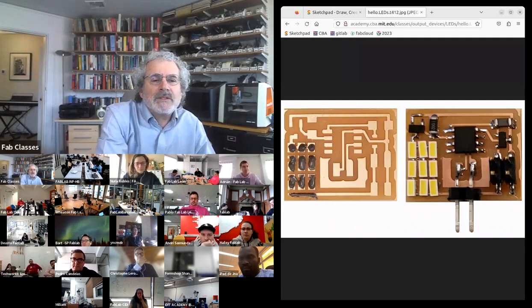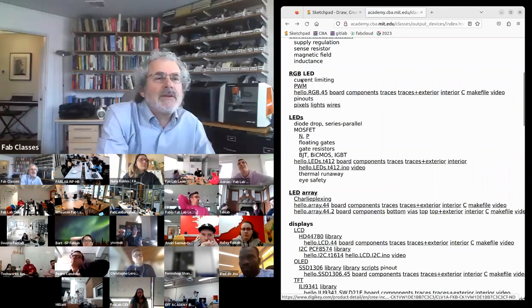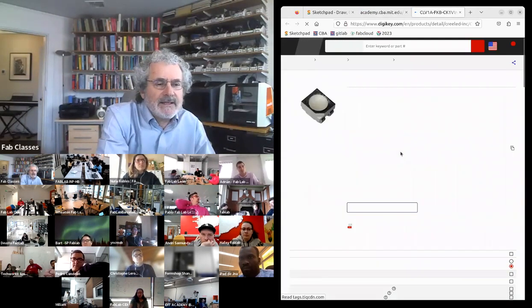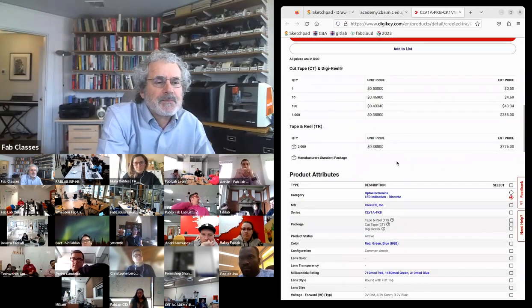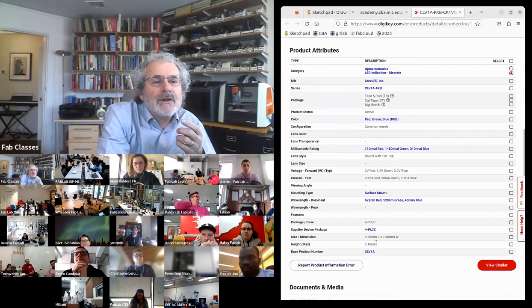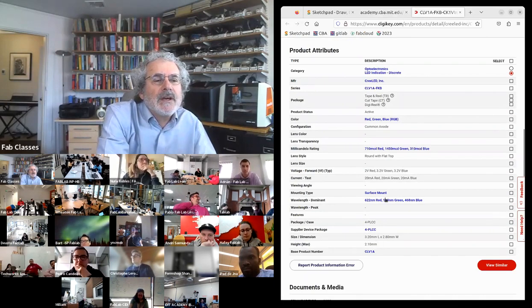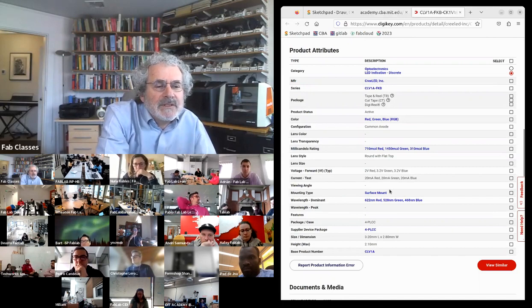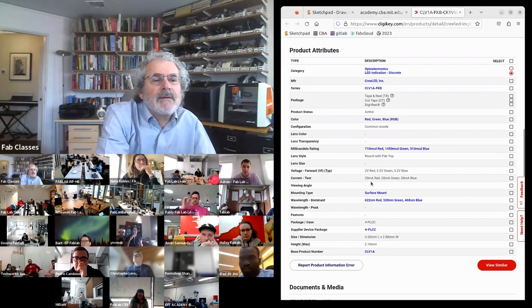Next, I'm going to cover these much, much, much brighter LEDs. So if we take this LED, I'm looking to see if it lists the lumens. But we can just see from the power, this LED can take 20 milliamps.